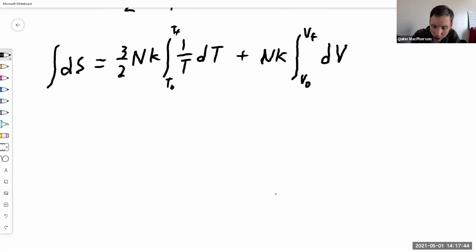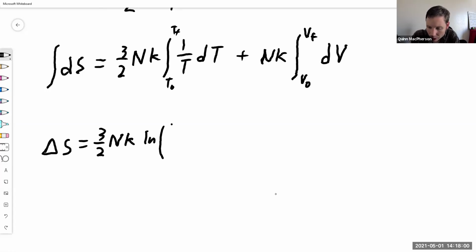The total change in entropy is 3/2 nk times the integral of 1 over t dt, which is natural log, so t final over t initial, plus nk, the integral of 1 over v dv.